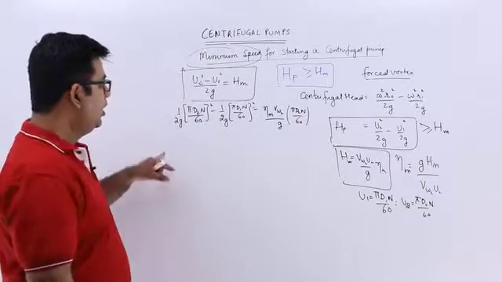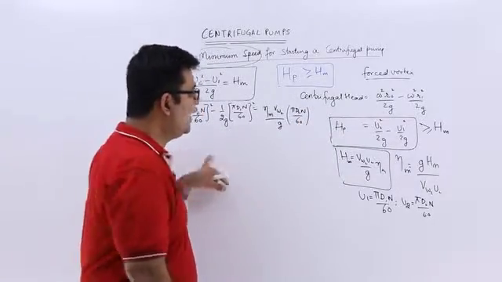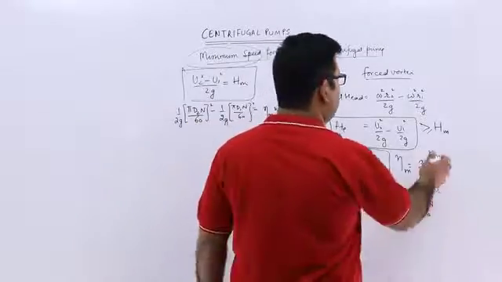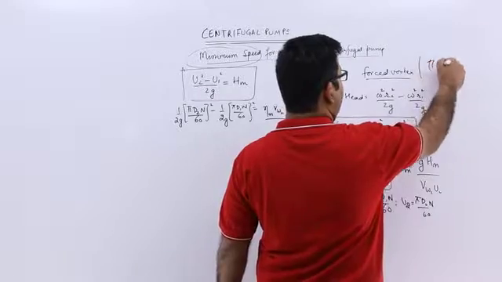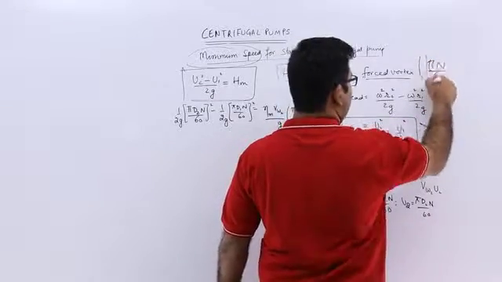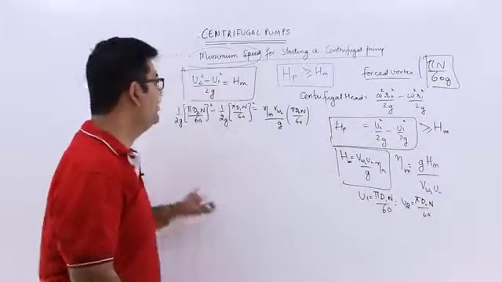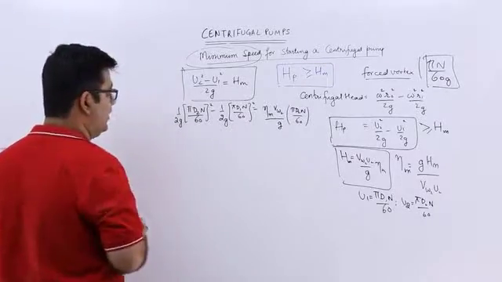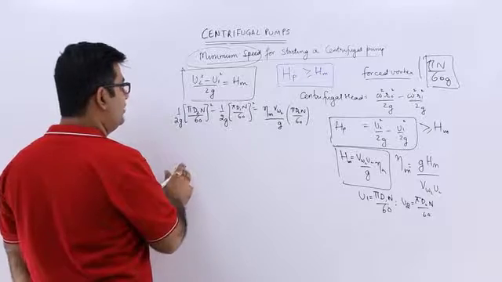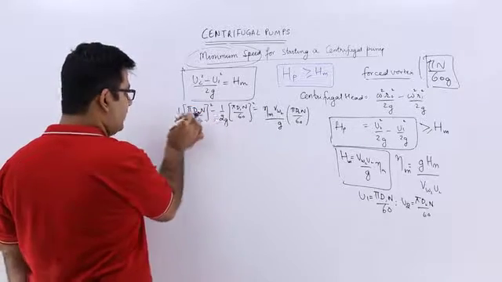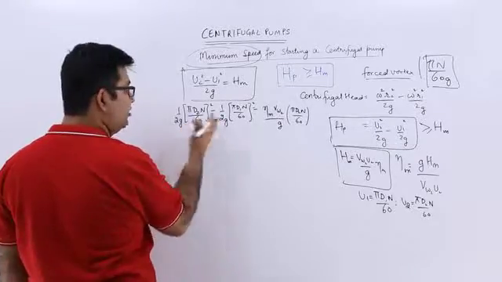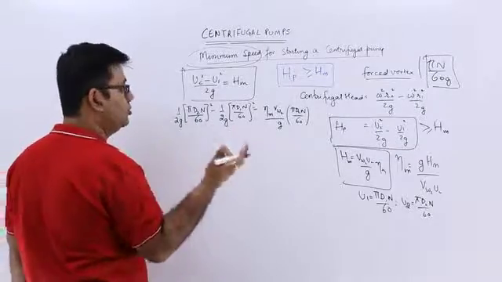Now we will divide the entire equation by pi n by 60 into g. This is the term with which I will divide this entire equation. When I do that, I get rid of the pi from the square and the n from the square. The 60 is also gone, g is also gone.